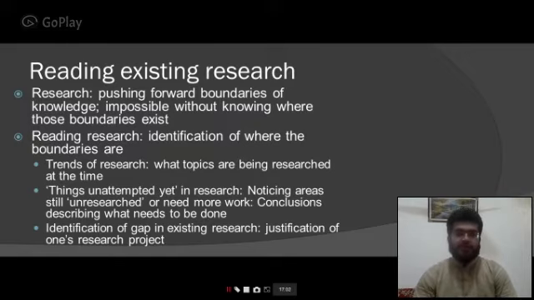So this reading helps you identify gaps, and if you pursue this area which has been left unresearched by earlier researchers, it establishes your own contribution as a researcher and justification of your research project.